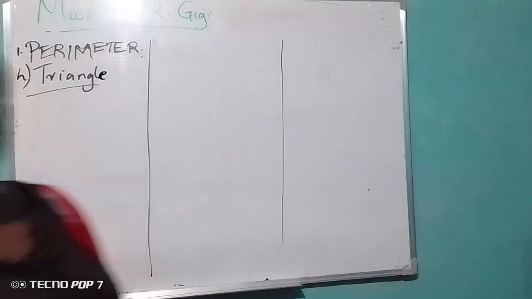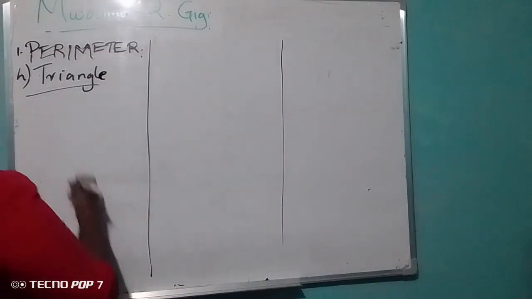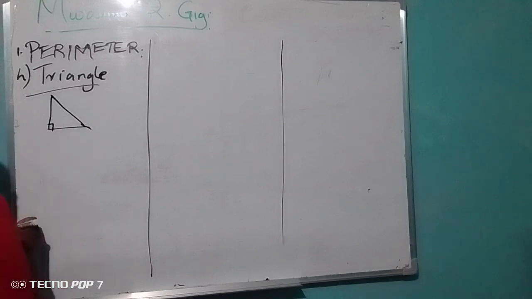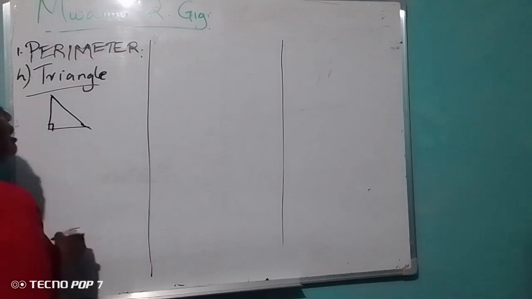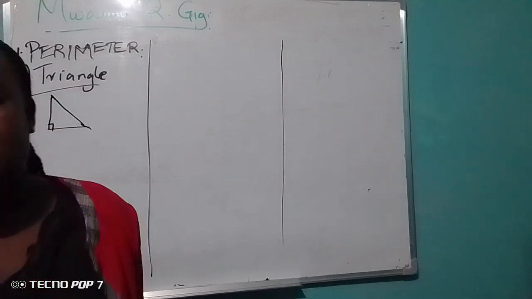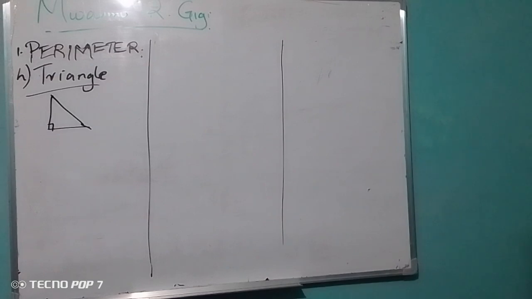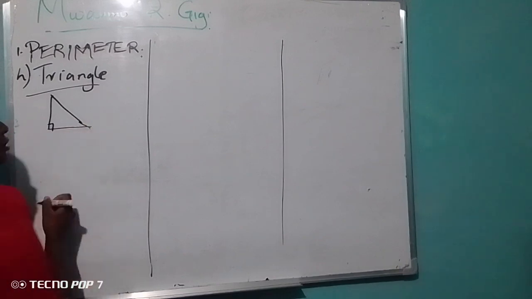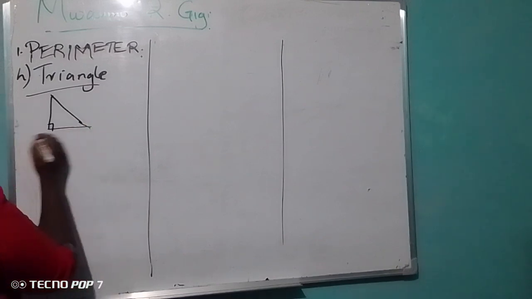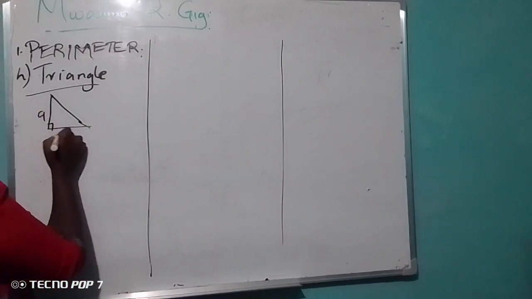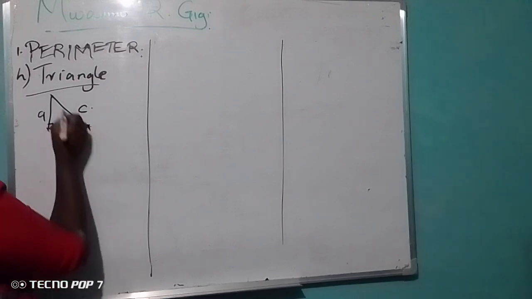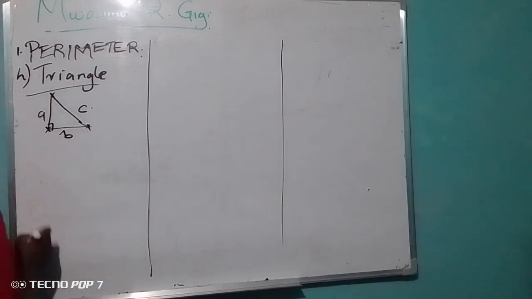So we have 3 types of triangle. Tukianza na ya kwanza, the right angled triangle. Triangle, right angle triangle. So if hii inakuanga A, B, C. Right angle triangle. So tunatoka hapa, tunaenda hapa, mpaka pale.